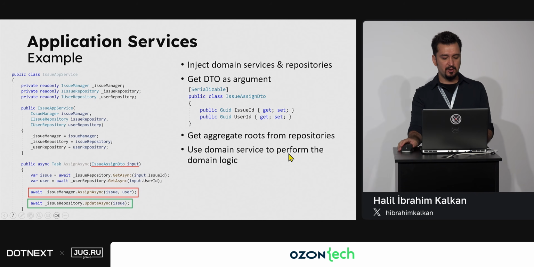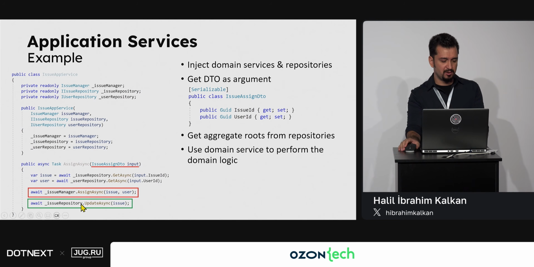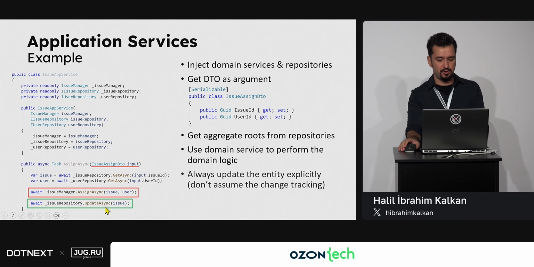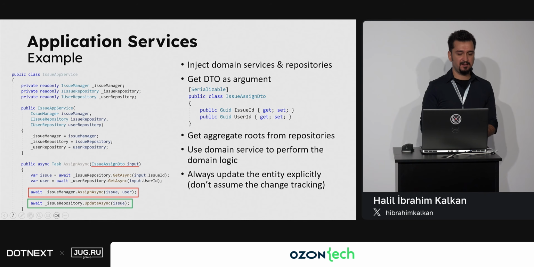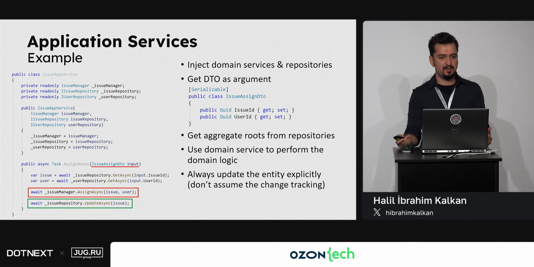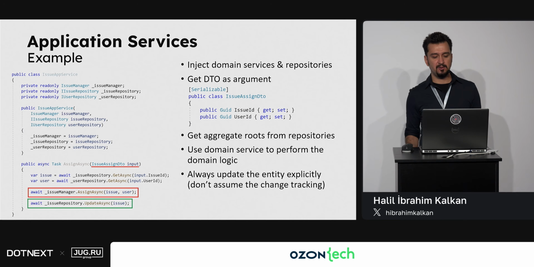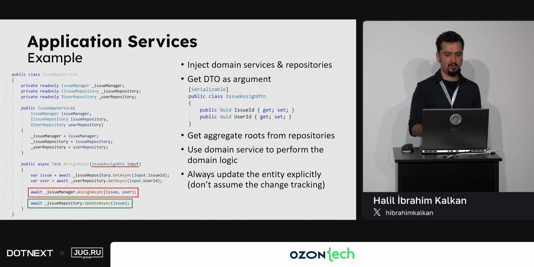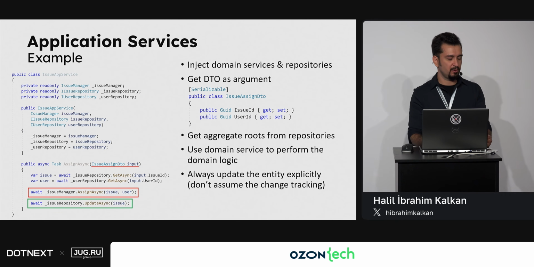And we know that the issue is changed, so we are updating the issue. Always update the entity explicitly. Don't assume change tracking, because change tracking is an ORM technology. It's available in Entity Framework Core. If you, for example, use MongoDB or another database driver or another technology, it may not be available. Then you need to find all the problems in your code. So it's very easy: just explicitly update all the changes in the database.